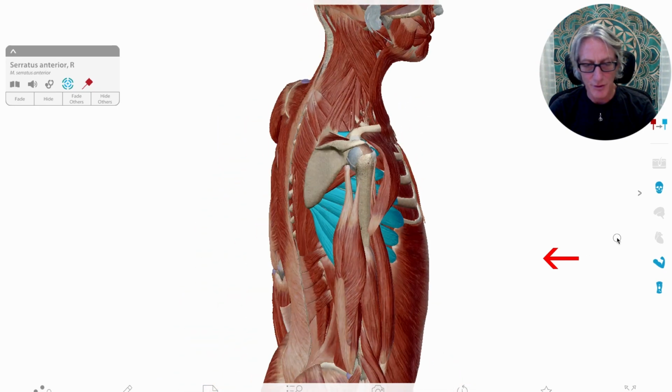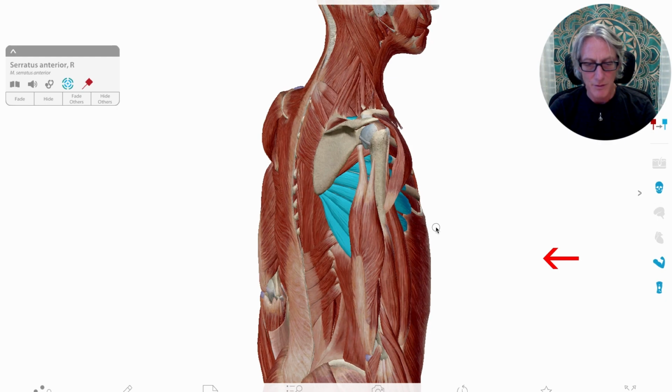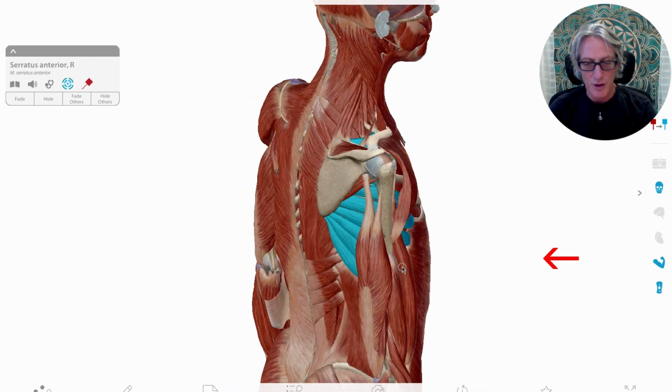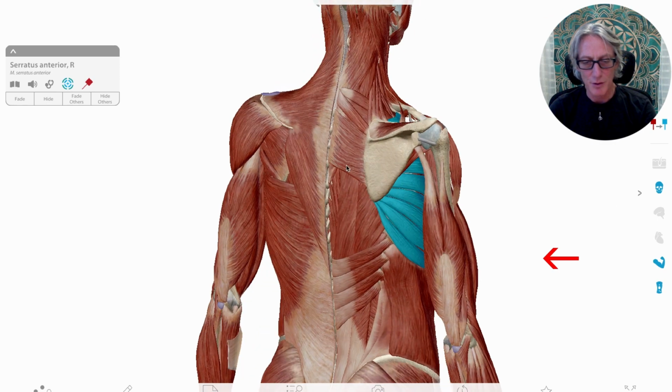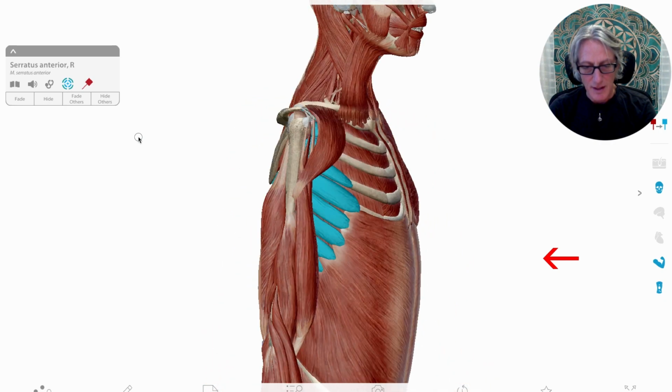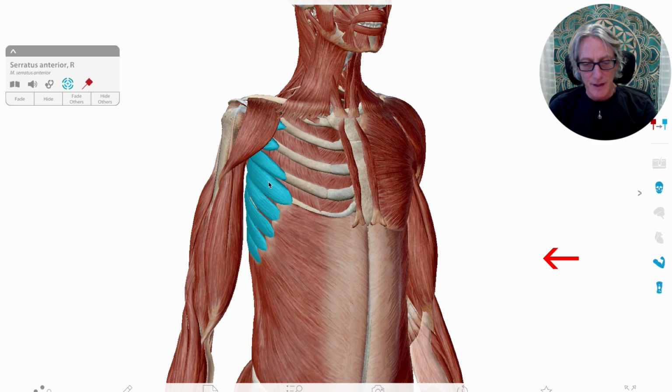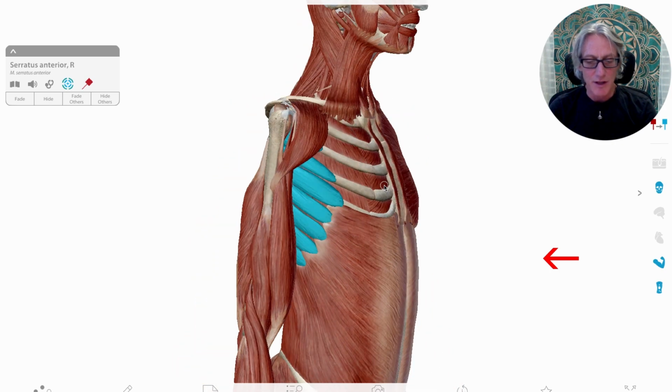The serratus anterior is a very big, broad muscle, and it's your primary protractor of the scapula, directly opposed to the rhomboids and the mid and low trapezius. And this is a primary muscle along with your mid and low trapezius that are working during downward facing dog to stabilize that scapula.